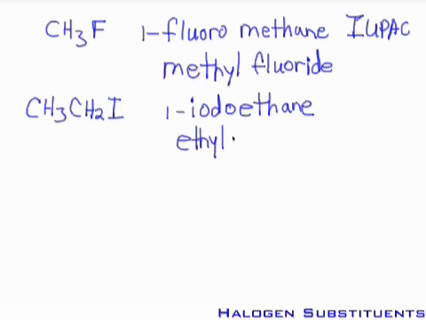Ethyl iodide. All right. Do we need the 1 in iodoethane? In actual fact, you could drop that 1 because no matter where I put the iodine, if I put the iodine on the other side, you give the lowest number to a substituent possible, it would still be 1-iodoethane. So it doesn't matter.